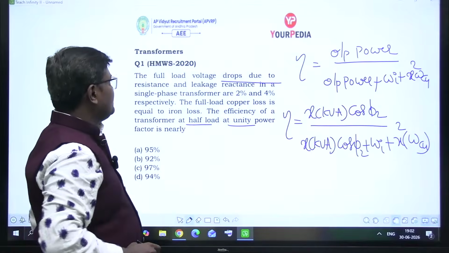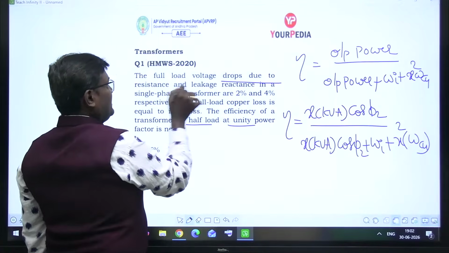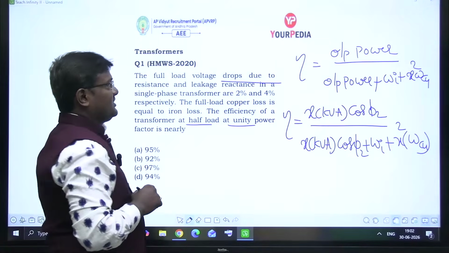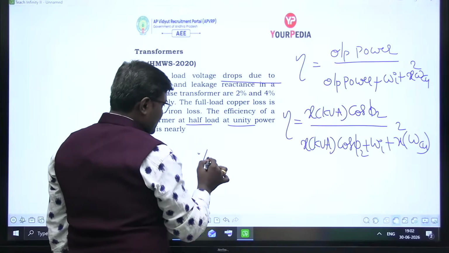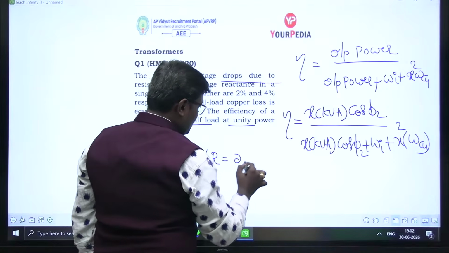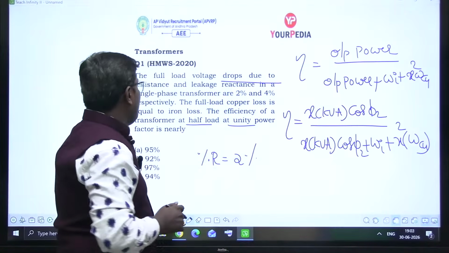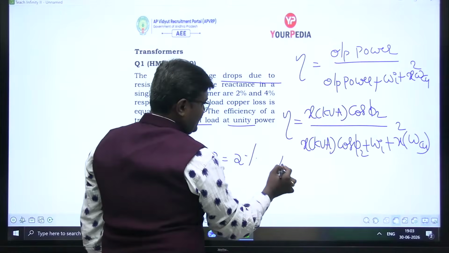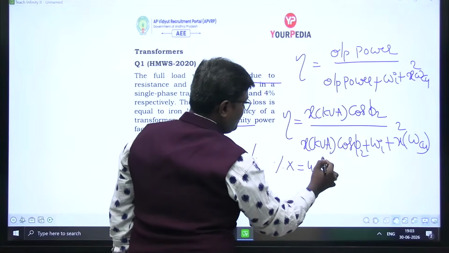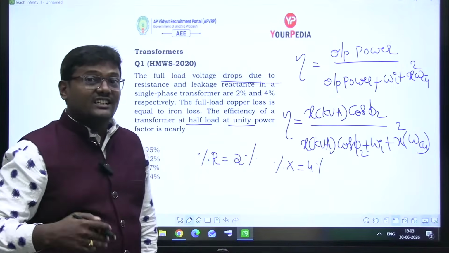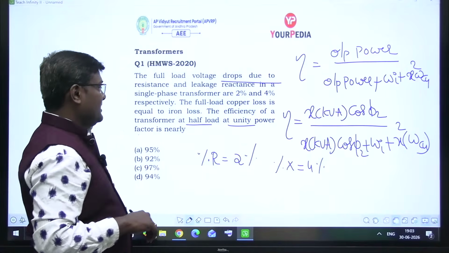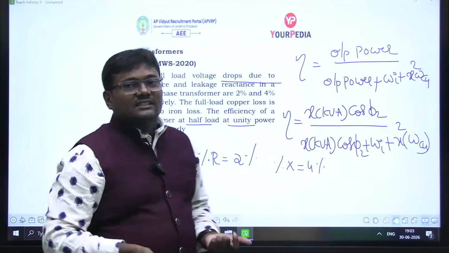In this problem, the drop due to resistance, that is the percentage resistance, is equal to 2%, and percentage leakage reactance is equal to 4%. This is the extra data he has given, right? So what is meant by percentage resistance?